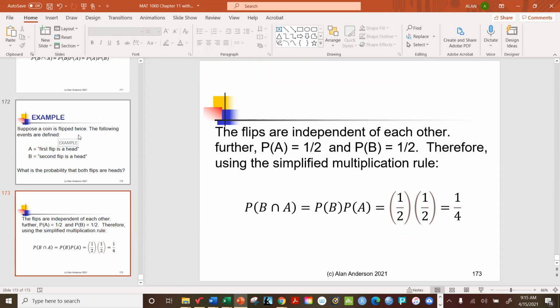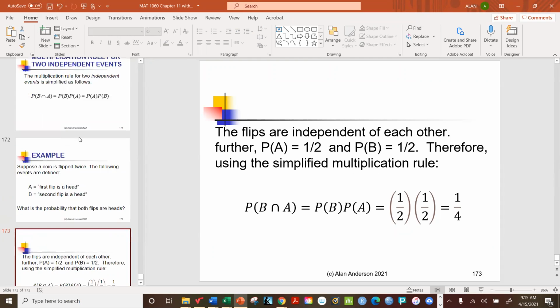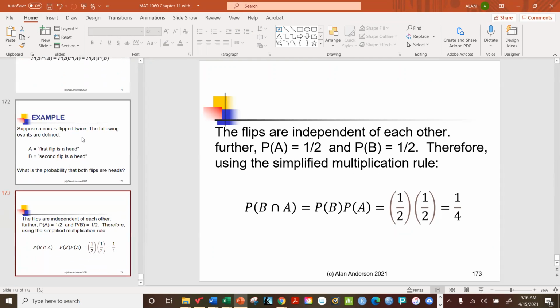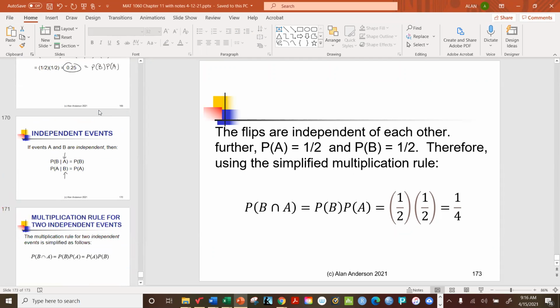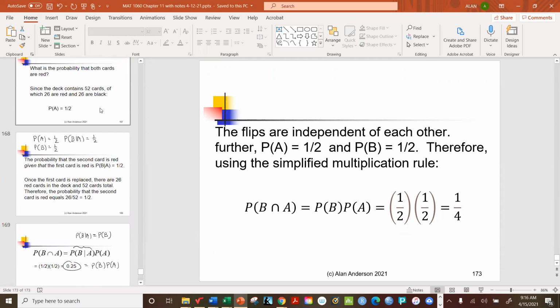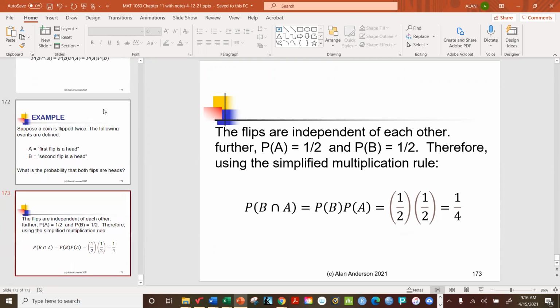Otherwise, we would have had to use the full-blown multiplication rule. All right, well, I think we're done here with this.